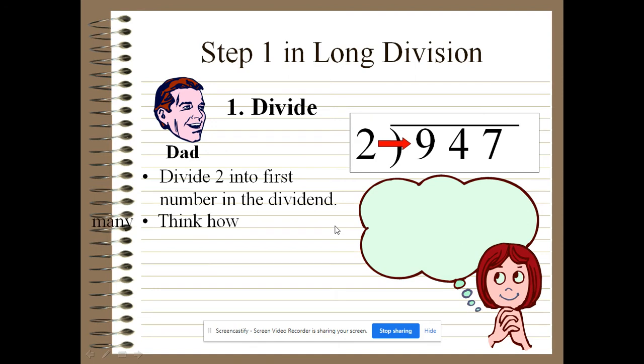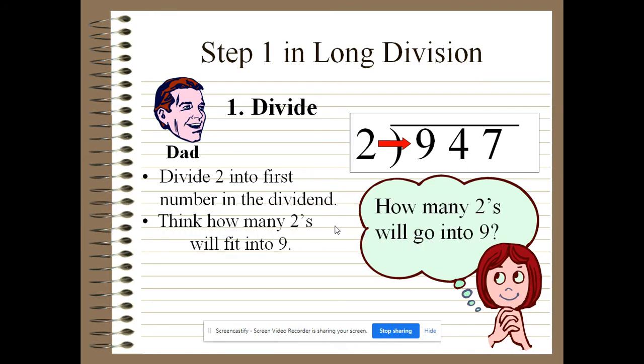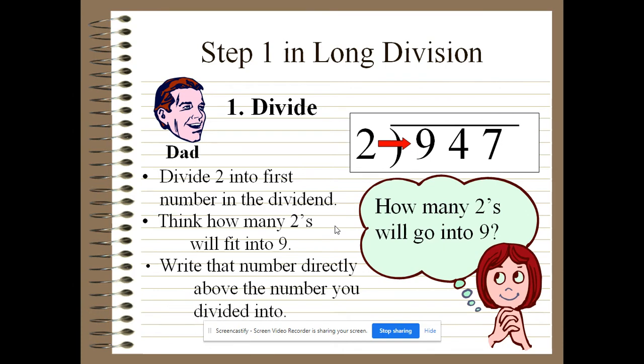Now, it'll actually be more than 4, but it'll be 4 with a little bit more. Think of how many 2s will go into 9, and you will get that number, and you'll write it right above the 9. 4 2s go into 9. So the 4 goes right above the 9.